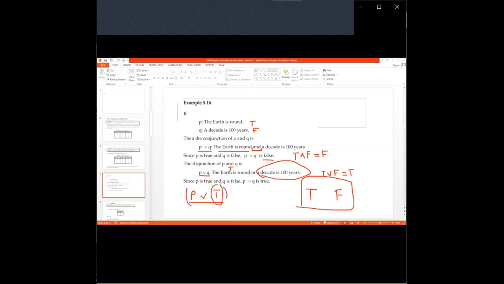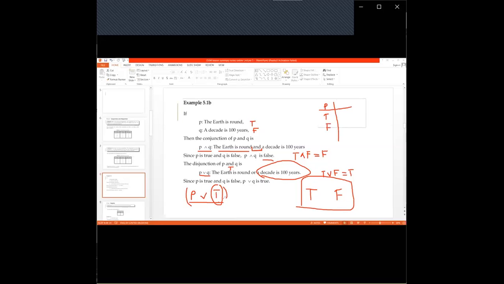There is only one statement here. So in the construction of the truth table, it will look like this. You have your P, which is a statement, so it has two possible values, which is true or false.